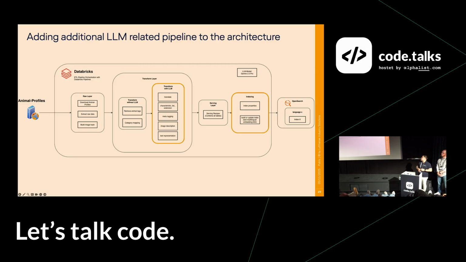But also the index part, where we set up all the index properties, and also use an embedding model for the vector database afterwards. In this case, we're using Gemini 2.5 Pro for the LLM part, and for the embedding part, the text multilingual embedding from Google.